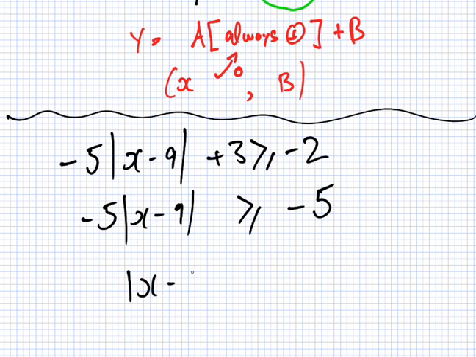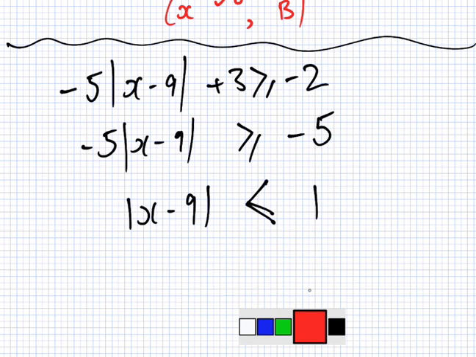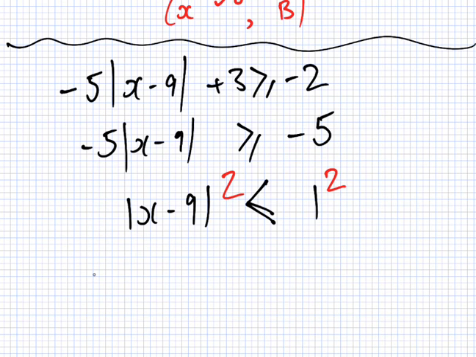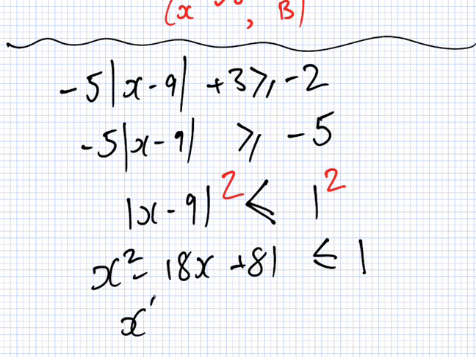Then I will divide by minus 5, and so here this flips, and I get 1 here. Next, I'll square both. So here I get x squared minus 18x plus 81 less than or equal to 1. So I get x squared minus 18x plus 80 less than or equal to 0.